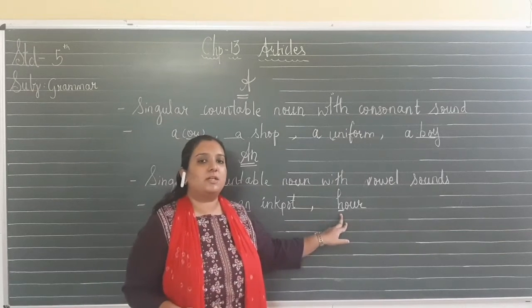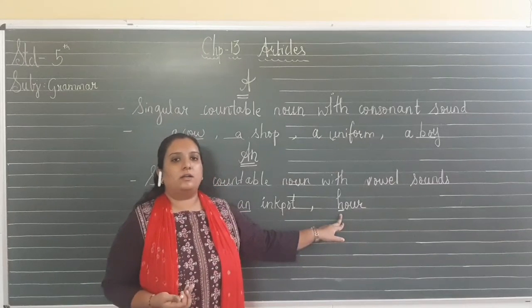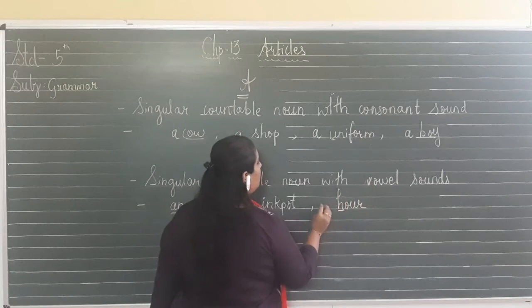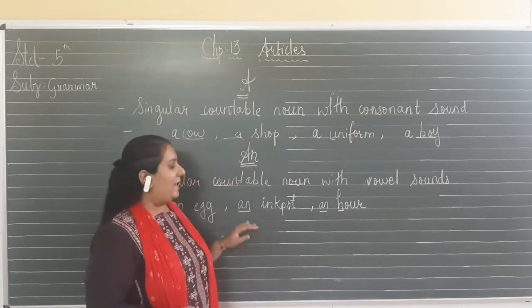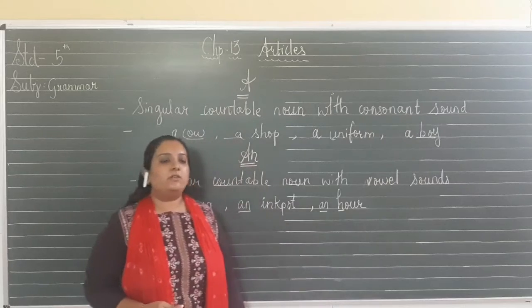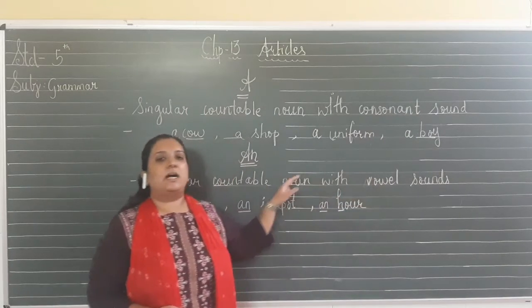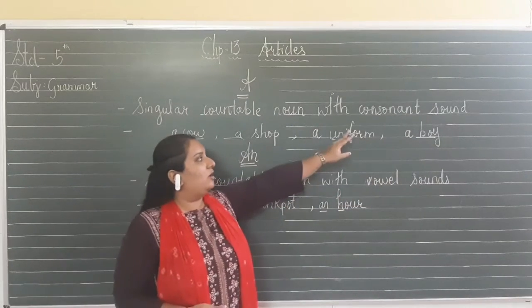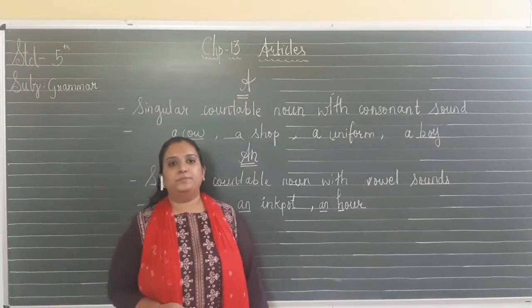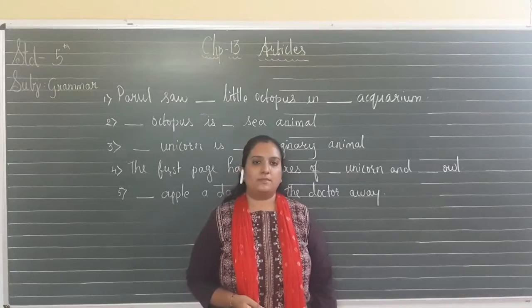What is the pronunciation sound coming from hour? "Our", O. So here also we are getting a vowel sound, so here I will insert article an before hour. And so an egg, an inkpot, and an hour. Whenever we get a vowel sound, we will use article an. Whenever we get a consonant sound, we will use article A.